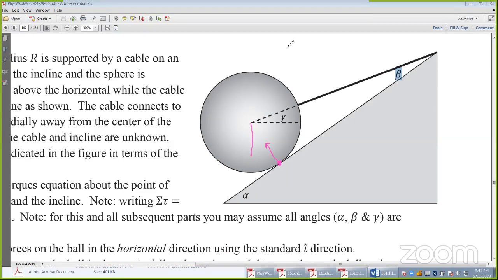Let me make these with arrows so they're a little bit straighter. There's a normal force up this way towards the center. And there's going to be a frictional force this way. And I assume it's pointing that way, and I could be wrong, but we'll worry about that later. There's going to be an MG coming straight down. And then there's this weird tension coming off this way.